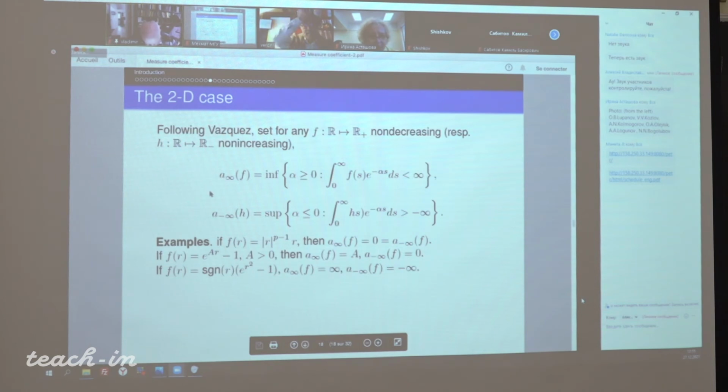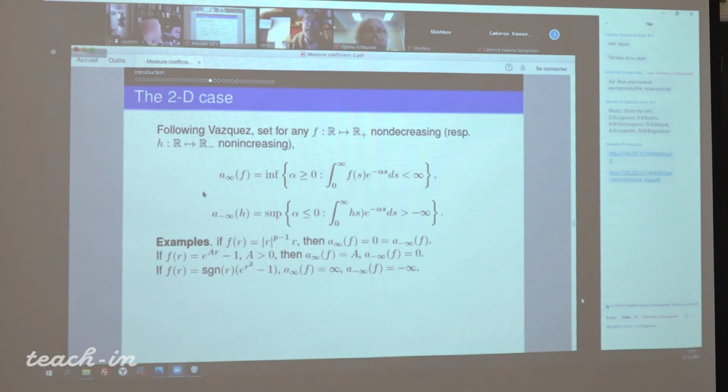Now, what happens in the 2D case? In the 2D case, I recall what Pascal did, it was a great idea: if you have a function f, it is natural to compare its growth with respect to the exponential growth. Because when N is larger than or equal to 3, the comparison is with power.